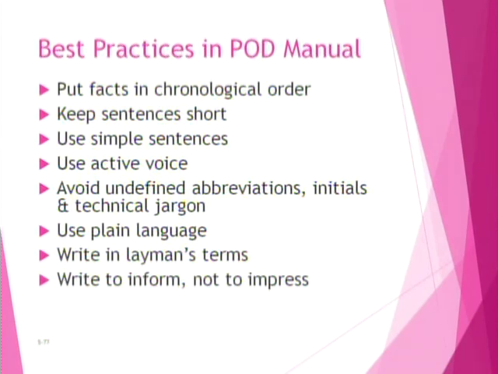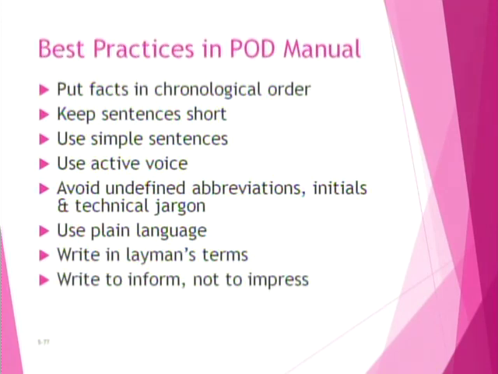Use active voice. That is a good way to keep a sentence shorter. Instead of saying "was observed," you're going to flip that and put it in the active voice. Make sure that we don't use abbreviations, initials, and technical jargon.